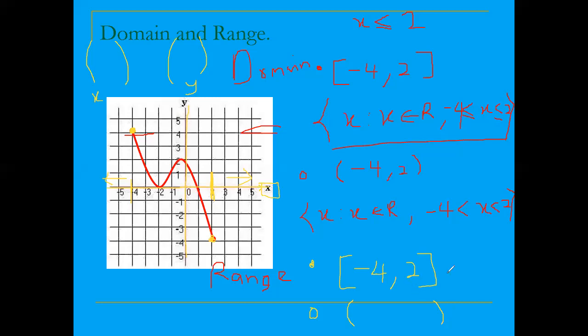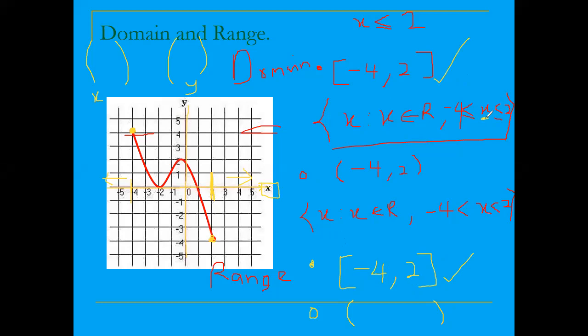Good. Now that we have understood this one, we also need to write it in the set notation. I want to connect it to previous knowledge. So in the set notation, we would have written this information as: X such that X belongs to real numbers and X lies between, that is the domain.